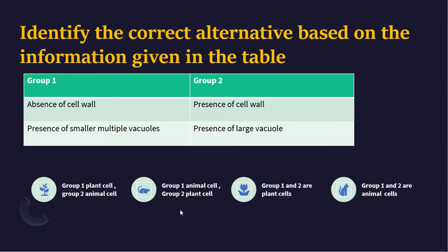Group 1 animal cell, group 2 plant cell. Groups 1 and 2 are both plant cell features. Groups 1 and 2 are both animal cell features. Which is correct? Group 1 features belong to animal cell, and group 2 features belong to plant cell. So the answer is the second one. This is a type of classification question, children, so we have to be very careful. Try to make these types of questions.